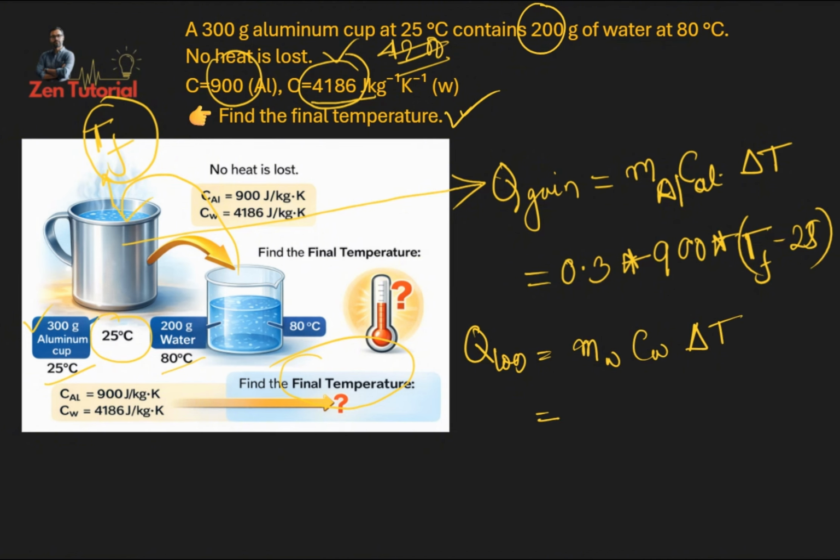So the mass of water is 200 grams, it means 0.2. The specific heat is given as 4186, let's plug in the value, and the temperature difference. So the temperature is 80 and TF, so 80 minus TF, right?